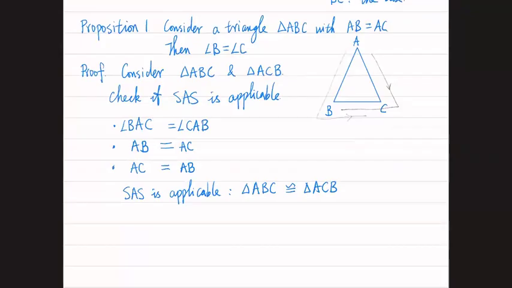The two triangles are congruent. The corresponding angles are the same: first to first, second to second, third to third. In particular, this pair gives us what we need.